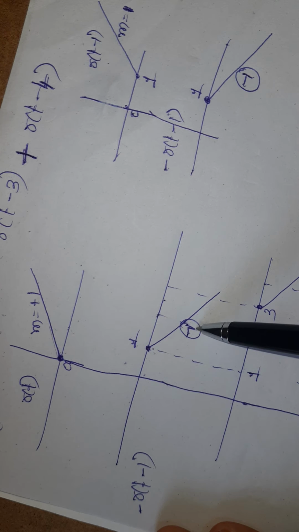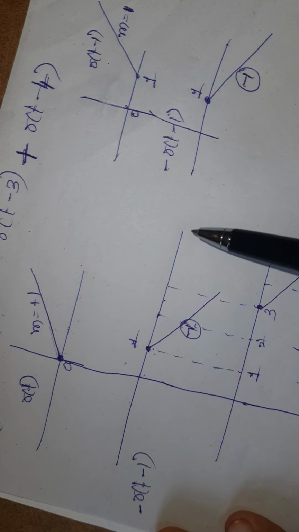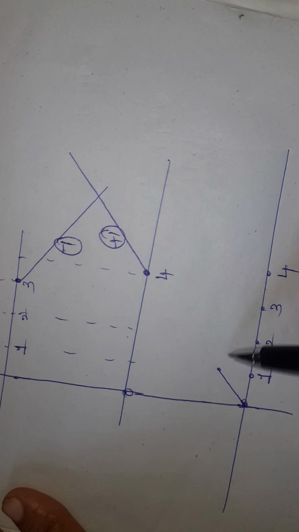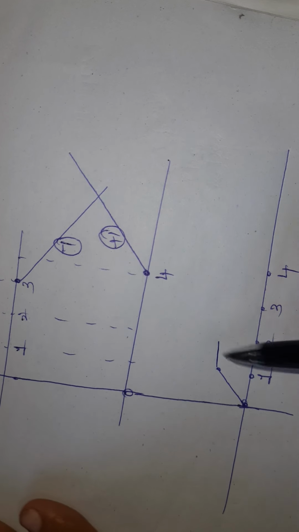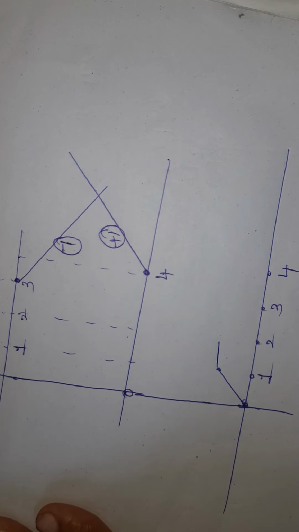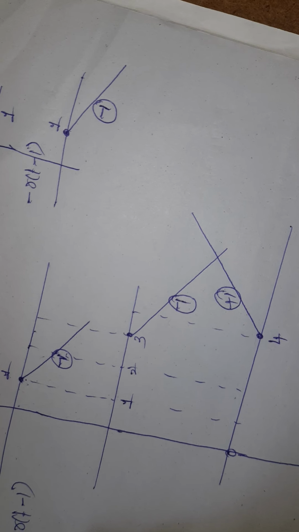Plus 1 and minus 1 slopes will add together and the final slope is equal to 0, which means constant. So in between 1 to 2, it is constant.